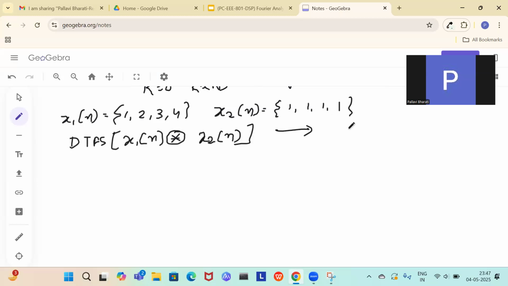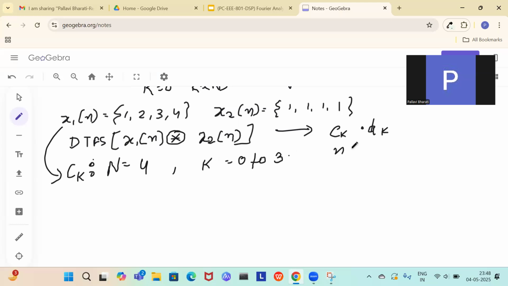So this will be equal to c_k multiplied with d_k, but we don't have the c_k and d_k yet. So if I write the c_k for this one, capital N for this case is equal to 4. So small k will go from 0 to 3 and small n will also go from 0 to 3.